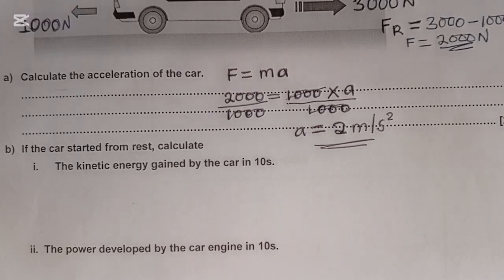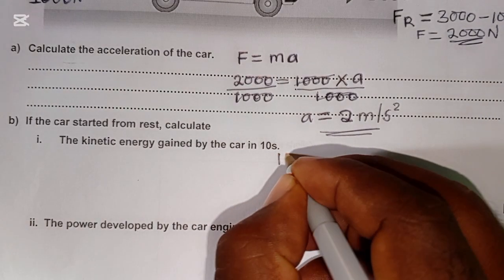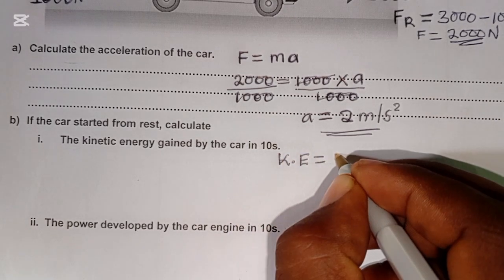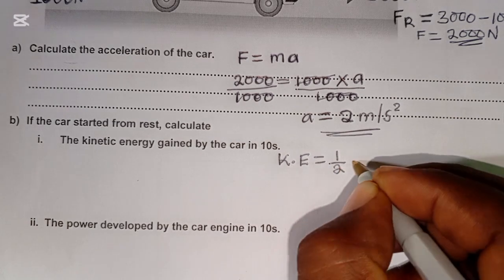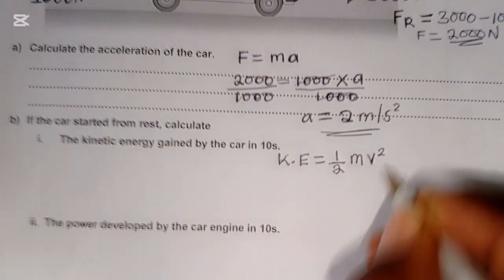Part 2, if the car started from rest, calculate 1, the kinetic energy gained by the car in 10 seconds. So how do we calculate kinetic energy? Kinetic energy is given by this formula: kinetic energy is equal to 1 over 2 mass times velocity squared.